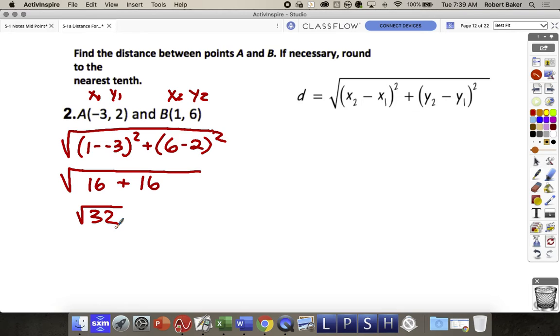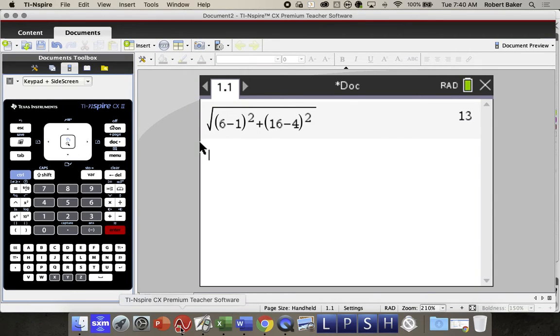Maybe I'm going to go ahead and say that it's going to be 4 square roots of 2. And let's double check our math here. Let's see. The square root of 32 is 5.656.